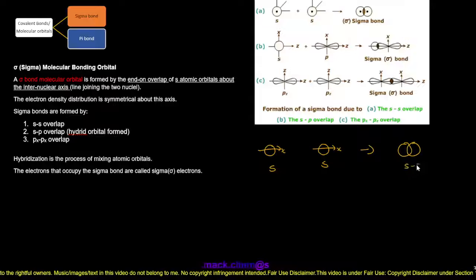The overlap of these two s orbitals gives rise to a sigma bond. Right? They overlap along this internuclear axis.